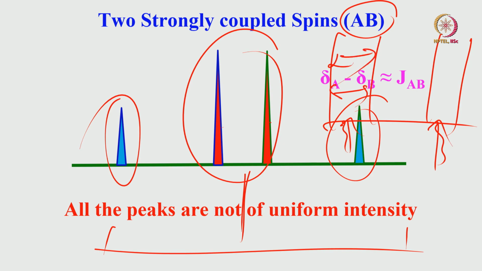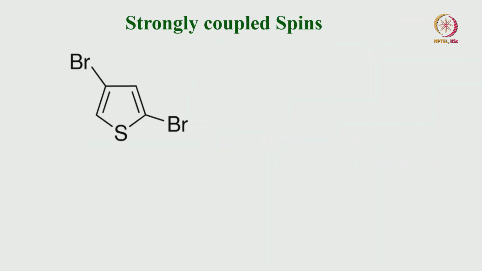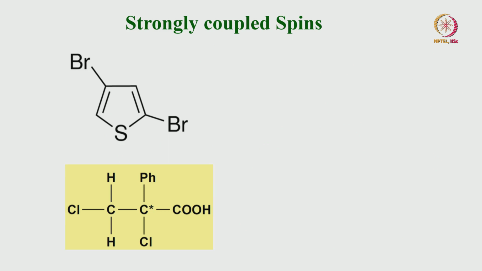That is straightforward, a first order analysis, which is easy in the weakly coupled case. But in the strongly coupled case, this first order analysis is not possible. You cannot analyze it that way.